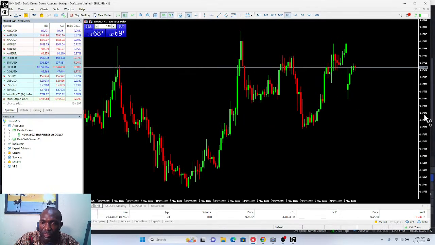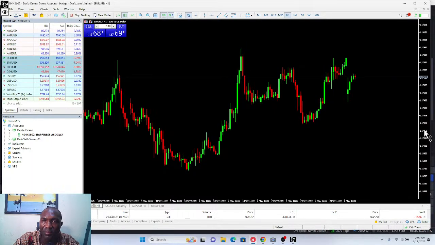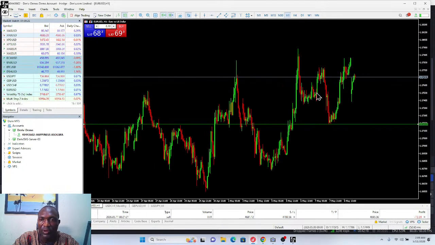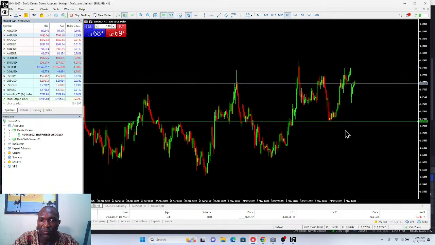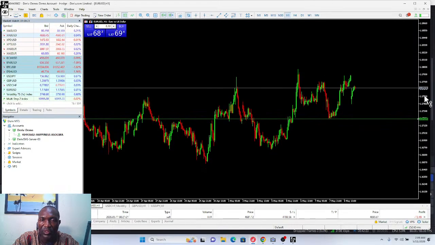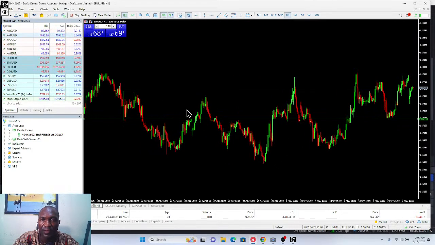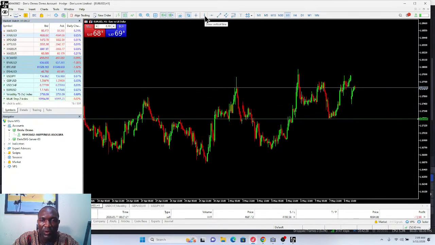Okay, so now because I'm not seeing this red, all I need to do is to now fix the line here. Now if I should look at the trend, what kind of market structure can you see right here now? Let me fix my line.